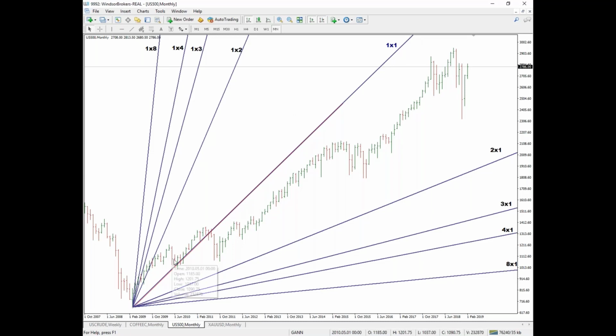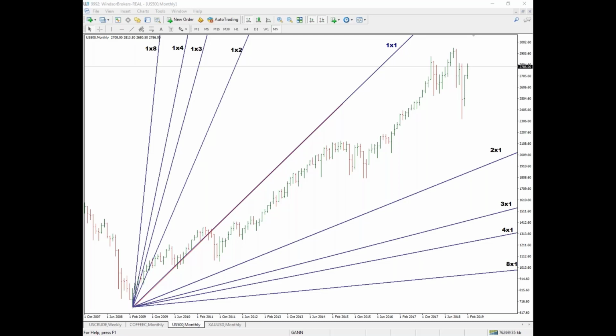So as we said, market action measures a rise of the price by 1 unit for an equal number of time units. So a rise of 1 unit of price is equal to moving for 1 period, 1 unit of time.